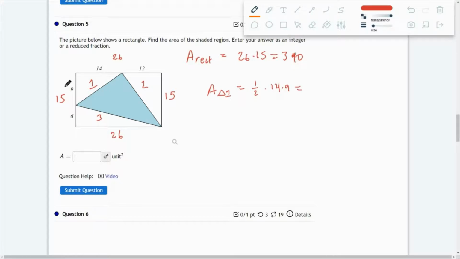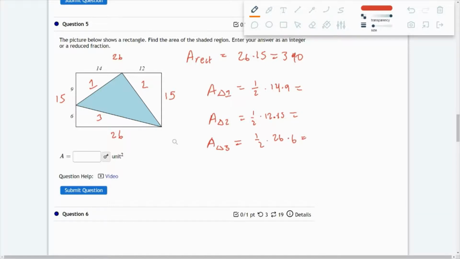I'm going to set all my equations up and then figure out the areas. Area of triangle 2, the right one, is 1/2 times 12 times 15. And then area of triangle 3 is 1/2 times base, which is 26, times the height, which is 6.